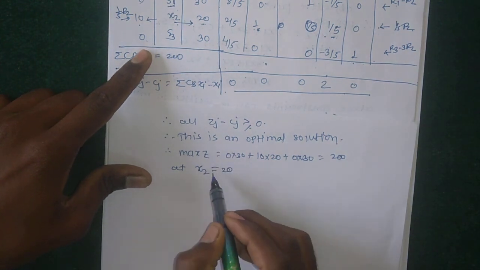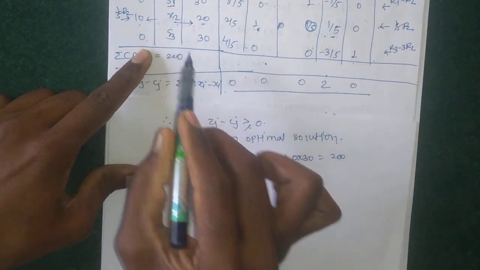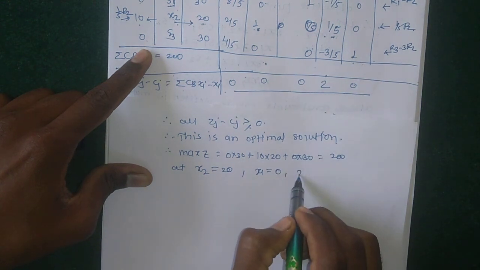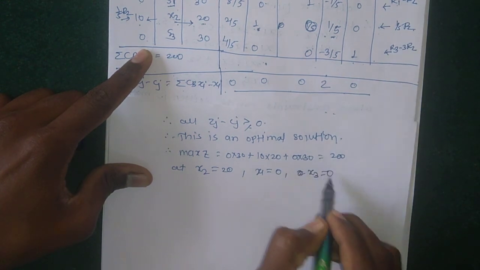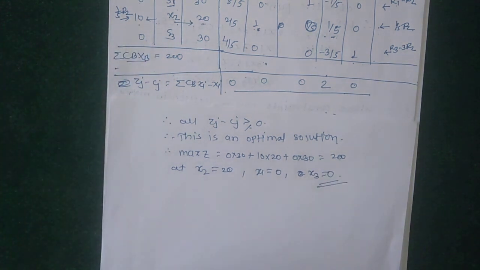Since x1 and x3 are not in the basic variables, their values are 0: x1 is equal to 0 and x3 is equal to 0. So this is our optimal solution of this simplex method.